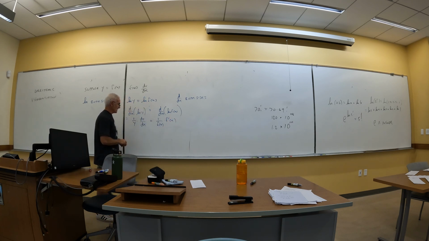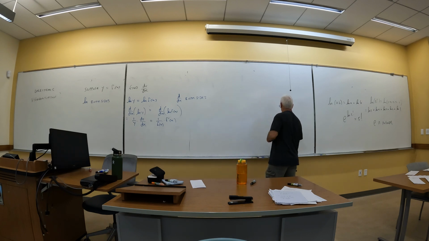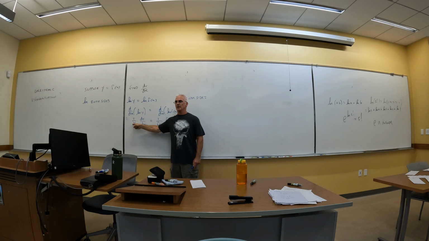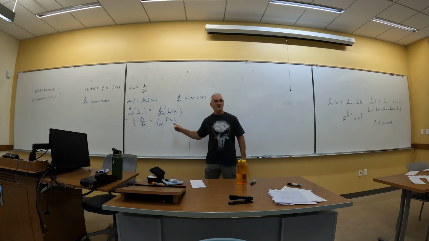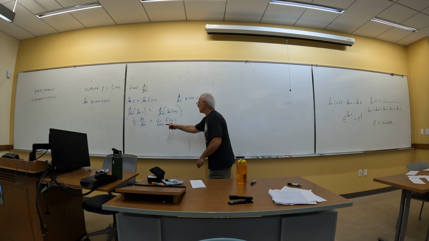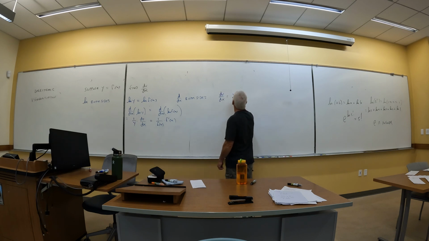Okay? Now, I wanted to know what is dy/dx. I have this extra term floating around over here. So could I multiply both sides of this by y? Yes. Would that be a legal move? Yes. If I multiply both sides by y, now I have dy/dx equals y times 1 over f of x times f prime of x.